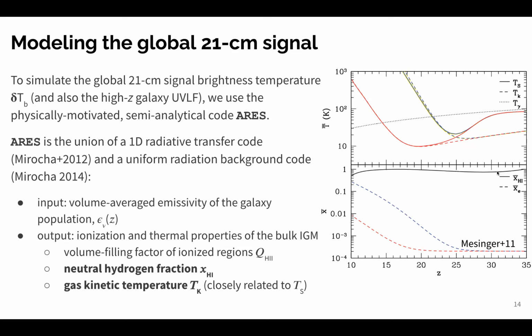And the solid line is the neutral hydrogen fraction, and we can see that as we get to low redshifts, the neutral hydrogen fraction begins to go down because the universe is becoming ionized and we don't have any neutral hydrogen left around redshift of 6 or so. And so, yeah, this is how our code works in terms of how we physically model the global 21 centimeter signal. And so that's Aries.